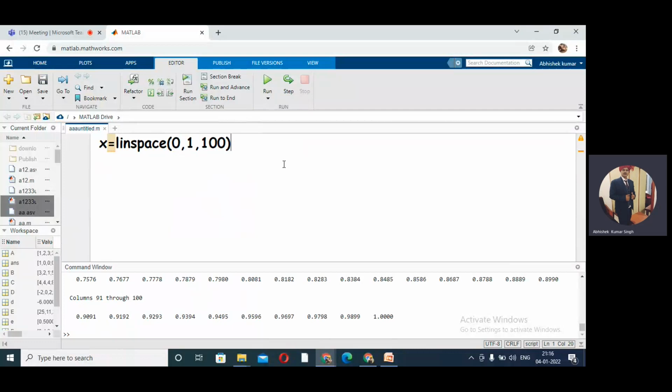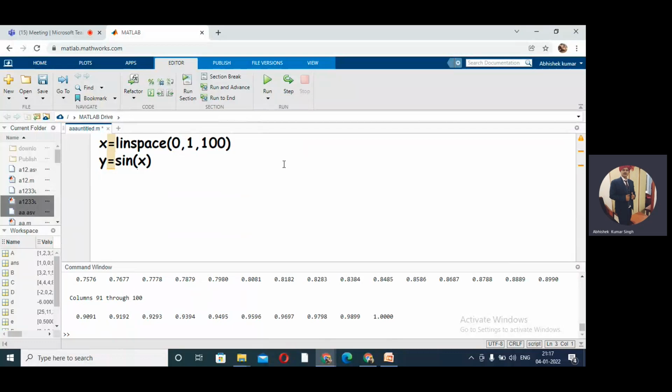Now we have 100 points of X. Let us define Y equal to sin X. For all 100 points of X, we get 100 values of Y. So we have a set of 100 XY pairs: X1, Y1, X2, Y2, X3, Y3, up to X100, Y100.